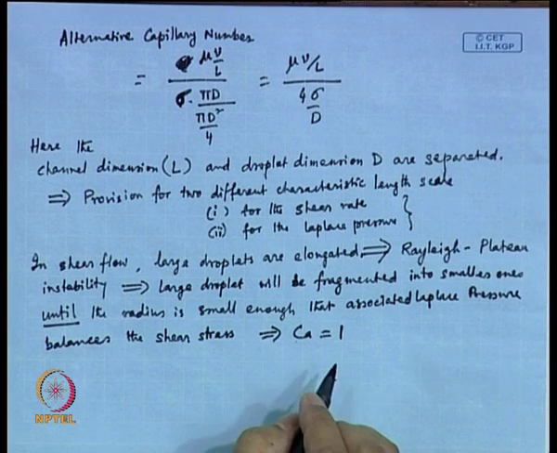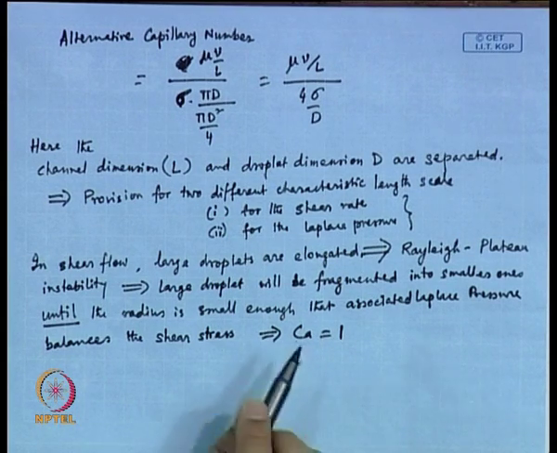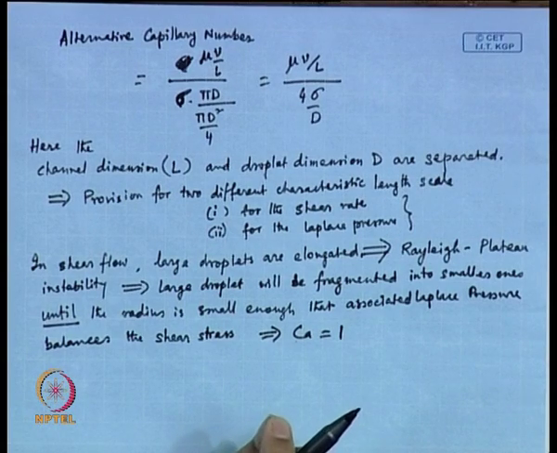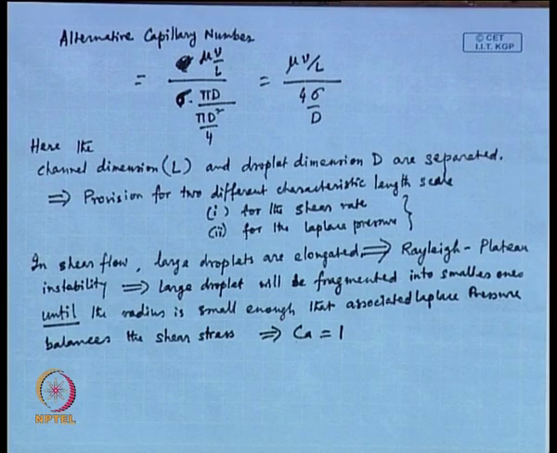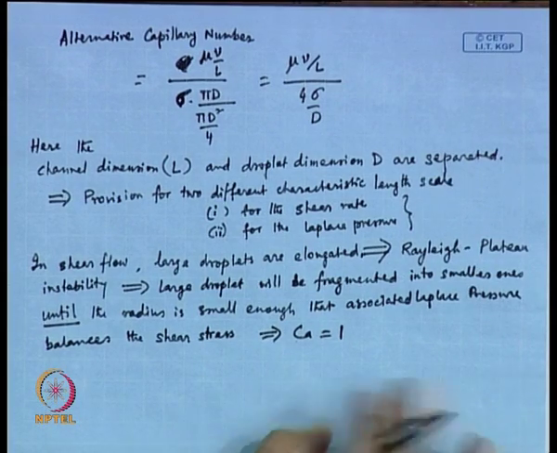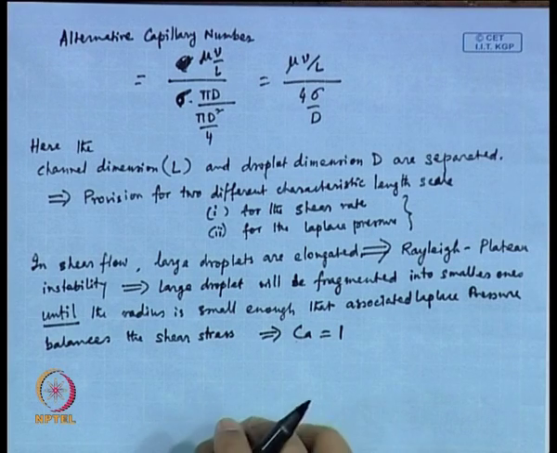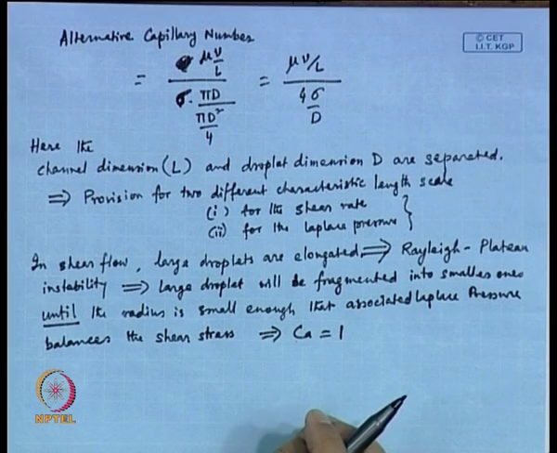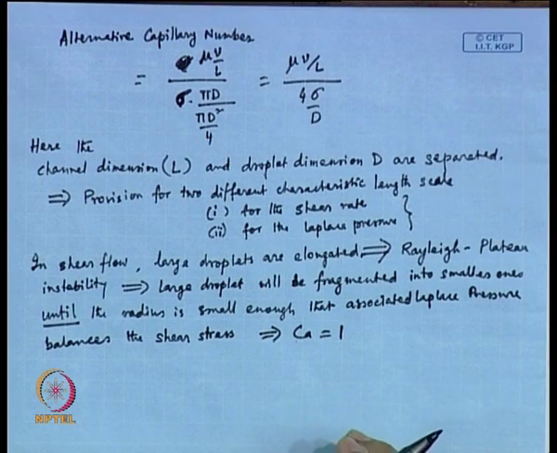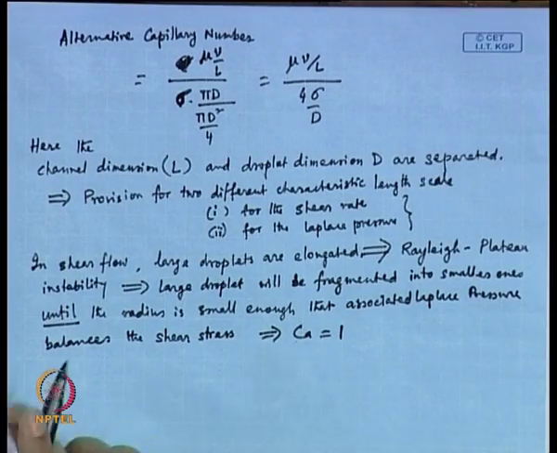Okay. So, if somebody wants to find out what would be that limiting radius that this droplet will achieve, I have put two phases together and I am having those two phases flowing through a small tube. I would like to know to what limiting radius these droplets would be fragmented. That can be obtained by equating capillary number to 1.